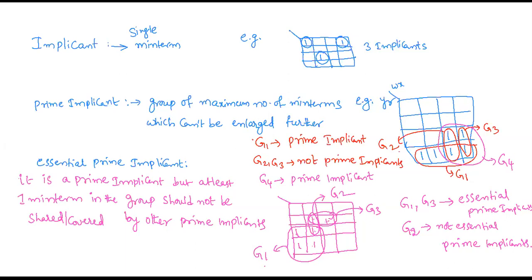Next, essential prime implicant. An essential prime implicant is nothing but a prime implicant, but in that group at least one minterm should not be shared with other groups or other prime implicants.